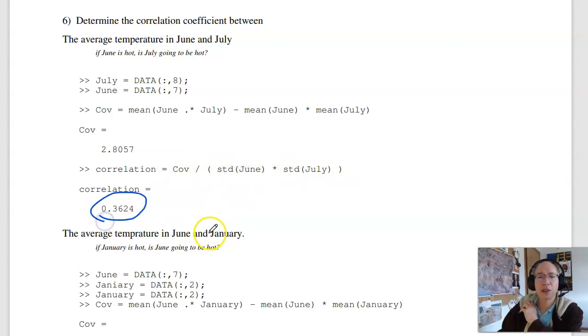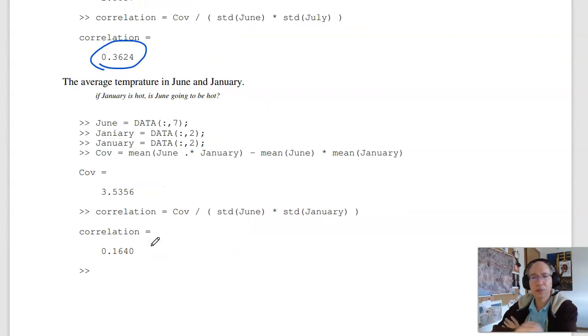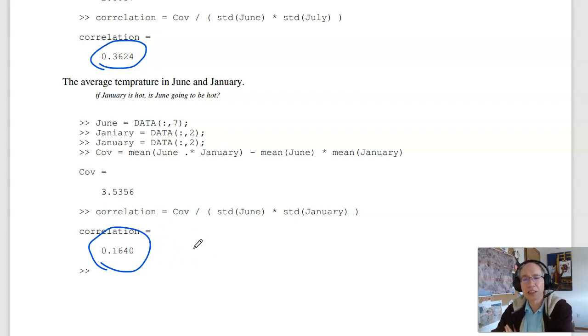So June and July are 36% correlated. If it's a hot June, 36% chance it's going to be a hot July. In terms of January and June, there's a 16% correlation. So 16% chance if it's a hot January, it'll be hot June. And that's kind of expected. The further you go out in time, the less the correlation.